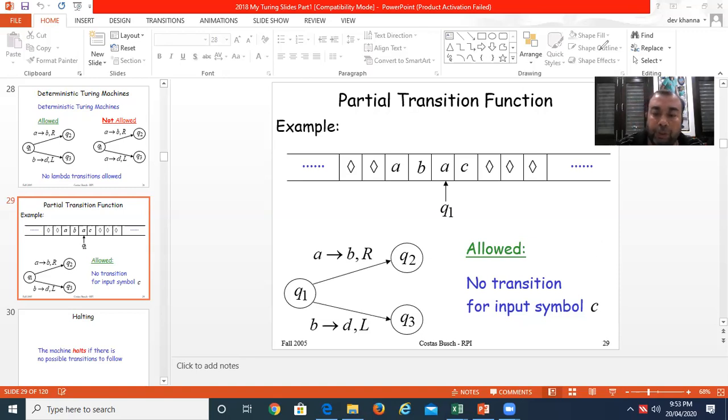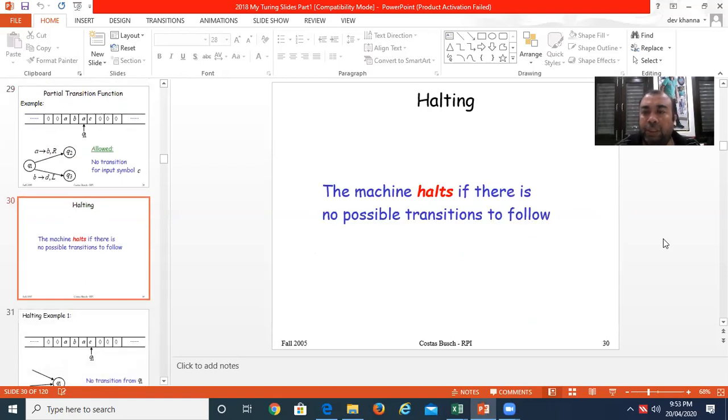Okay. So that is why it has been written here, no transition for input symbol C. I am going very slow because this is a new topic to everyone. This is the first lecture, in fact. If you are not able to build the concept, then the building cannot be constructed.